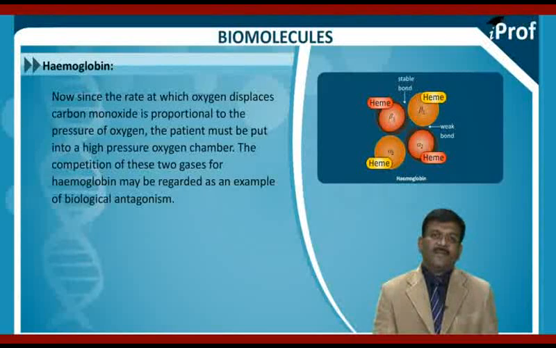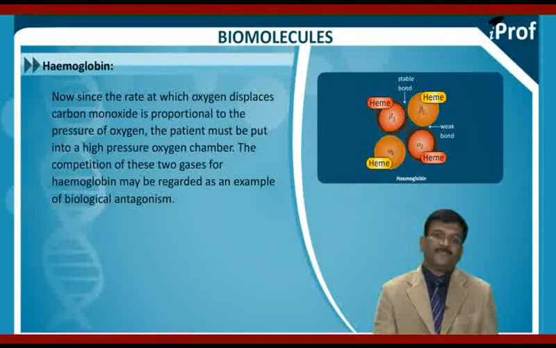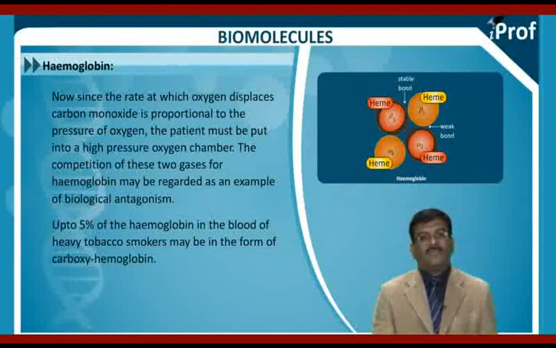The competition of these two gases for hemoglobin may be regarded as an example of biological antagonism. Up to 5% of the hemoglobin in the blood of heavy tobacco smokers may be in the form of carboxyhemoglobin.